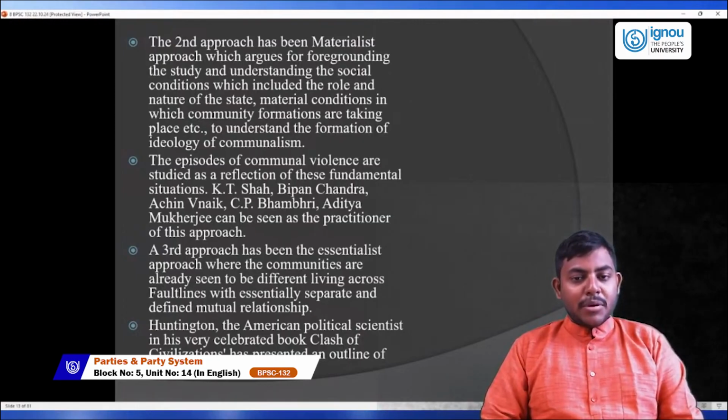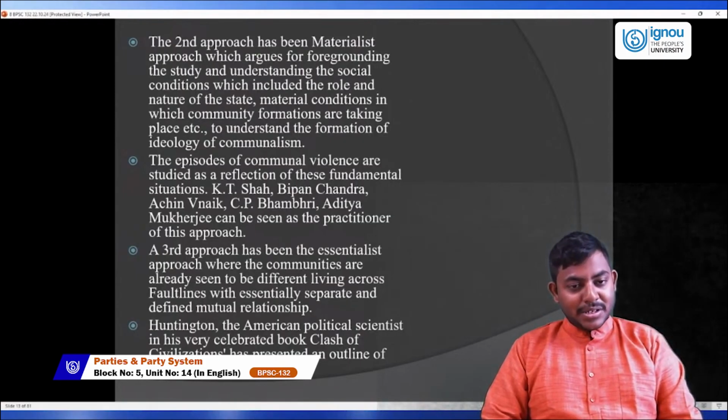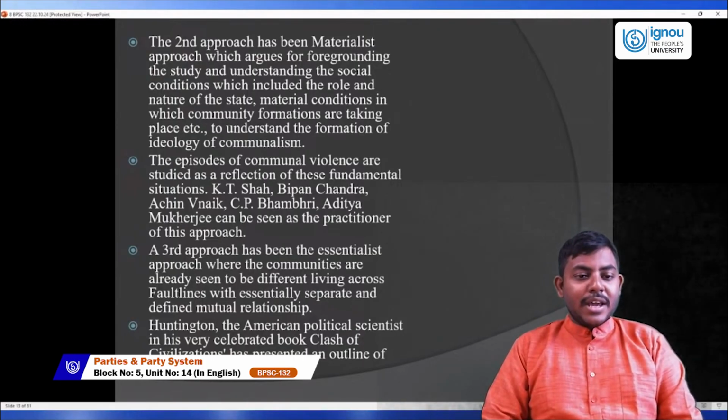The episodes of communal violence are studied as a reflection of these fundamental situations. So K.T. Shah, Bipan Chandra, Achin Vanaik, C.P. Bhambhri, and Aditya Mukherjee can be seen as practitioners of this approach.